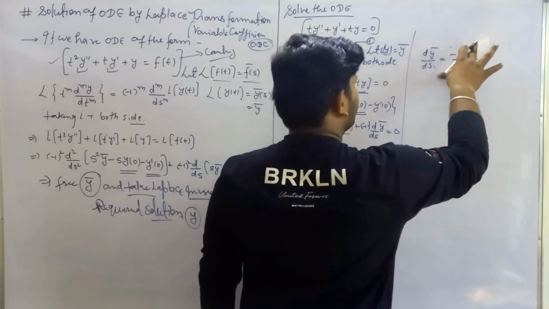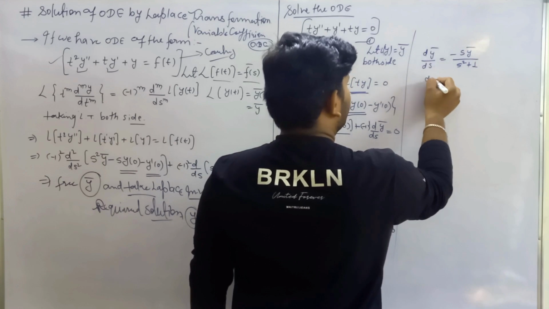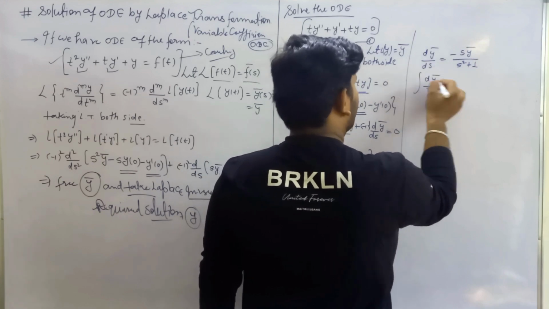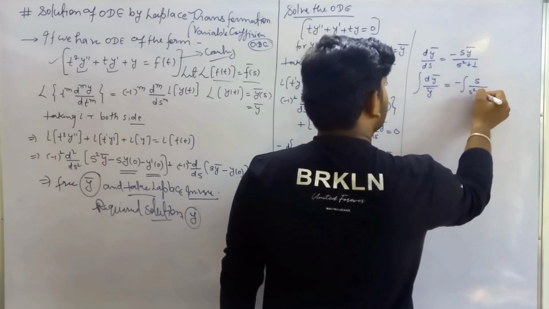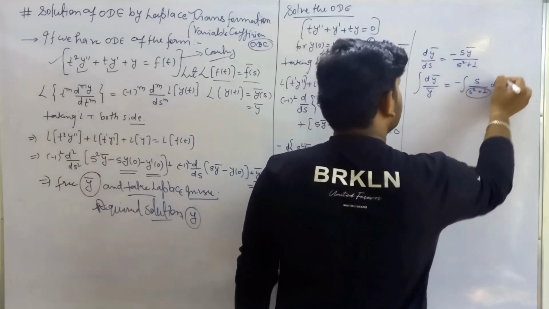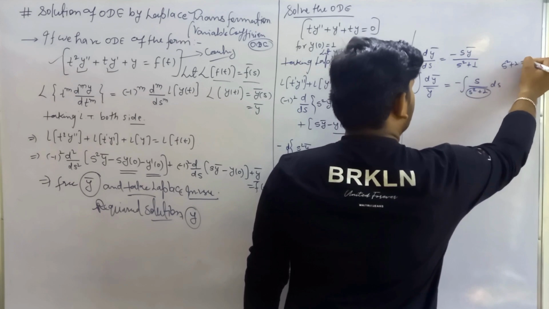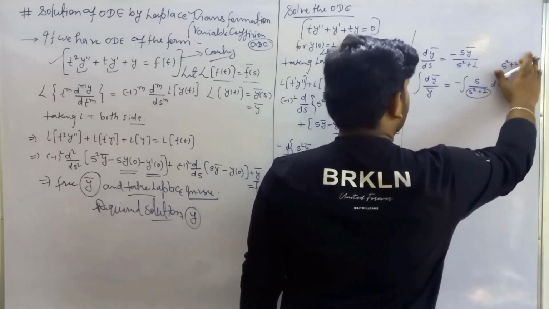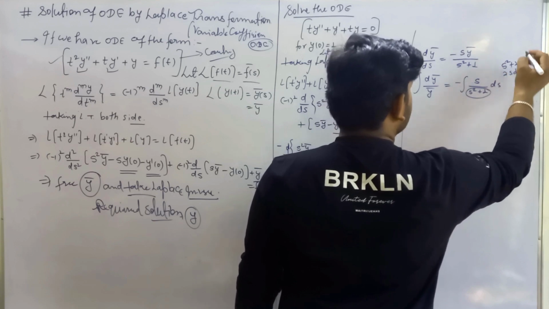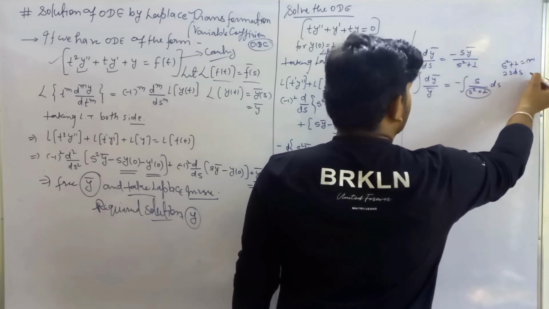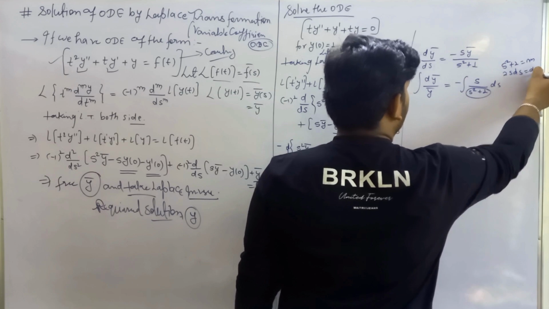First of all, we have to separate the variables like this: dy bar over y bar, and now we'll put the integration here, minus s over s square plus 1 ds. Consider this s square plus 1 as m, then 2s ds is equals to dm.